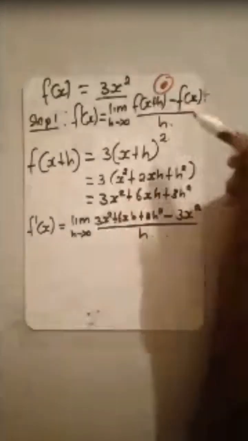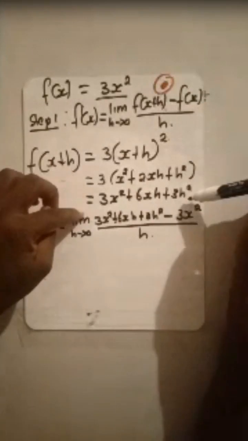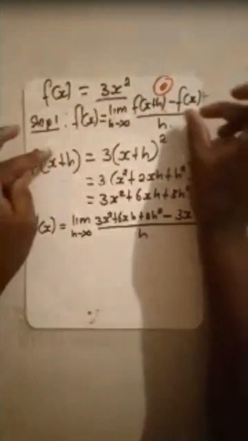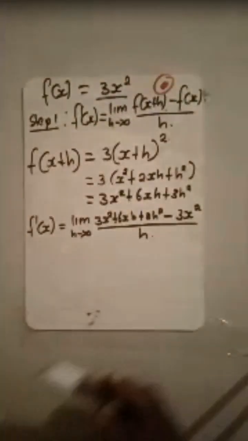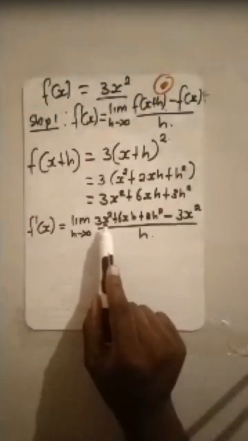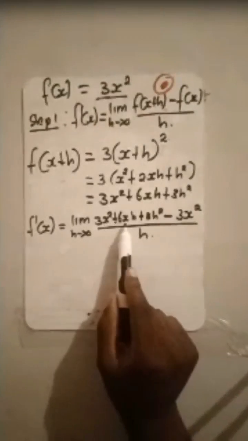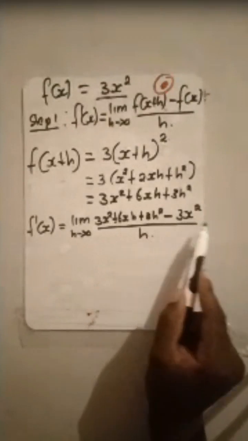So what we have simply done, we have taken f of x plus h, we have calculated it aside. Then we uplift it, we substitute there. Then f of x, we uplift this one, we substitute it there. Right? Now, as we see, we have an expression 3x squared plus 6xh plus 3h squared minus 3x squared.